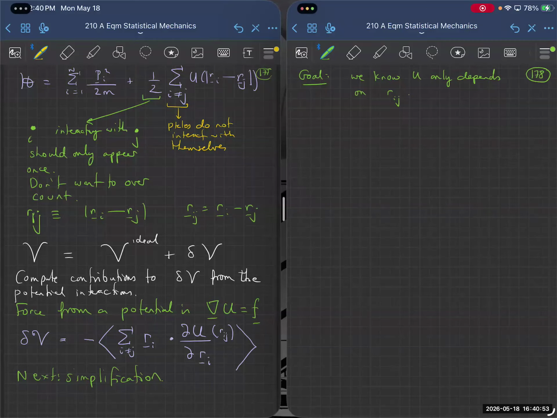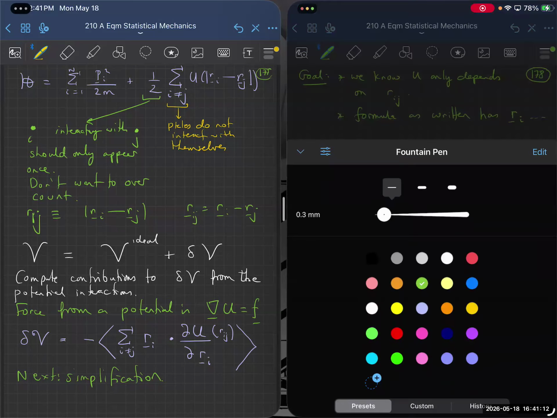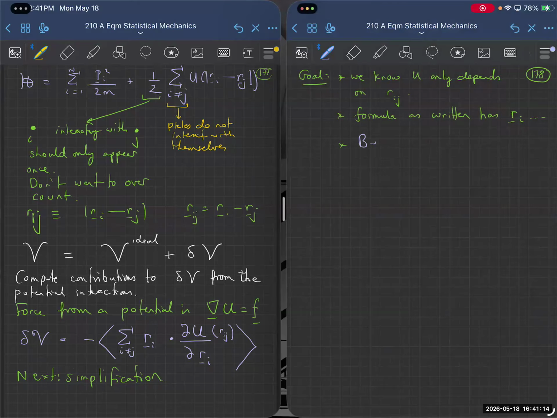So that's what we know, but the formula is written with things like Ri in it and so on. So what I'm going to try to do now is beat it down into a form where it just depends on Rij.